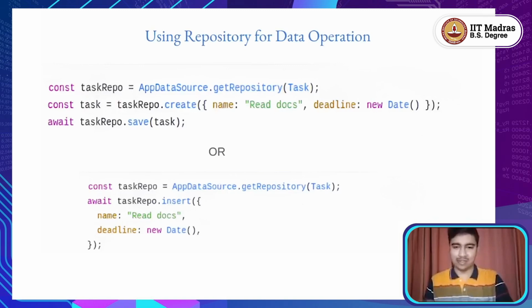And there are many more methods which we will explore as we move into the implementation part. All of these operations are strongly typed and built on top of TypeScript classes, ensuring compile time safety and reducing errors. Repositories encapsulate all query logic, letting us focus on business functionality.